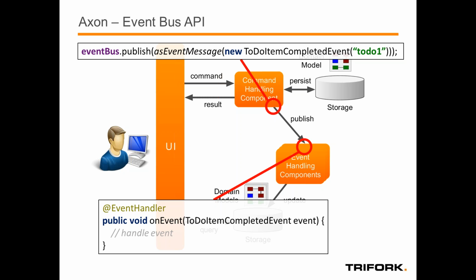And similar to the command handlers, all you need to do to create an event handler is annotate a method with @eventHandler, and all the events of that specific type will be dispatched to that specific method, whether it's on the same node or different. That doesn't matter.